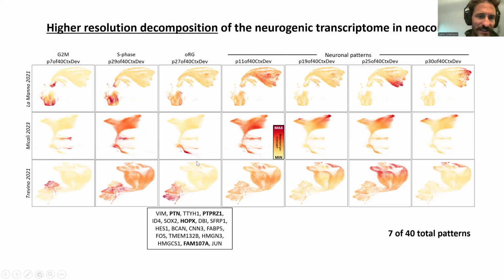These are the top genes in this pattern that include pleiotrophin and PTPRZ1, which is the ligand receptor pair that in Alex Pollen's original molecular description of outer radial glia in 2015 were described as markers. HOPX is another one, FAM107A, and HOXD is another one, all very highly ranked in this pattern.